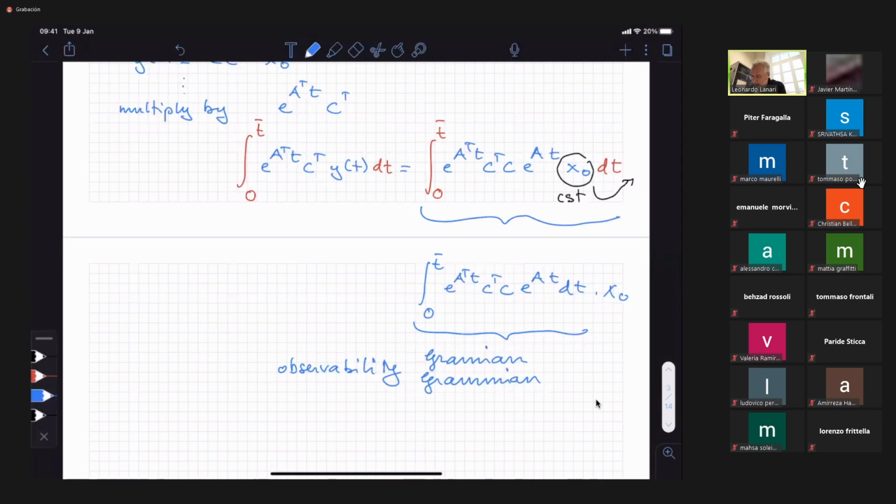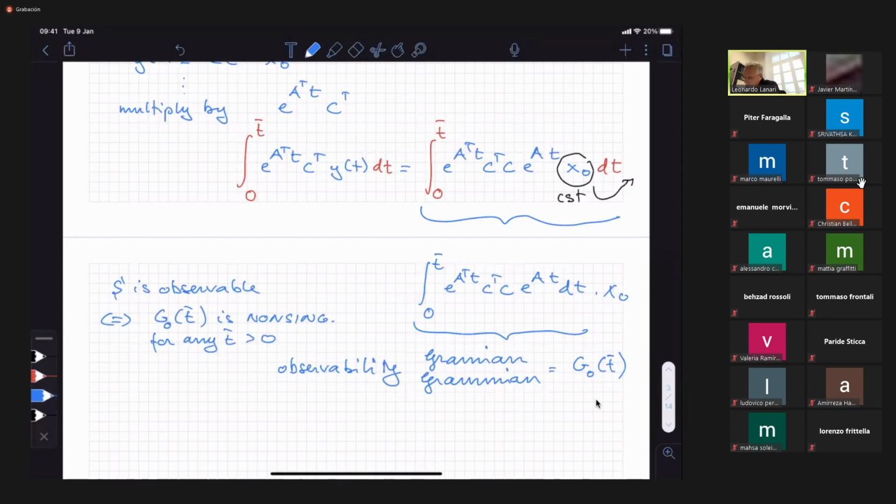So what comes out is that if S is observable, this is equivalent to saying that this matrix GO of T bar is non-singular for any T bar greater than 0.